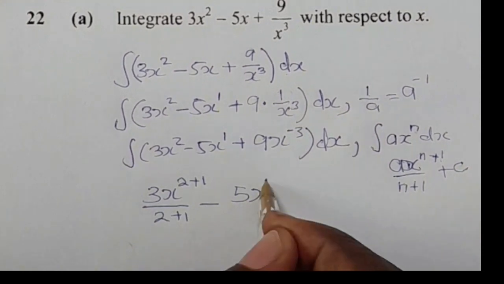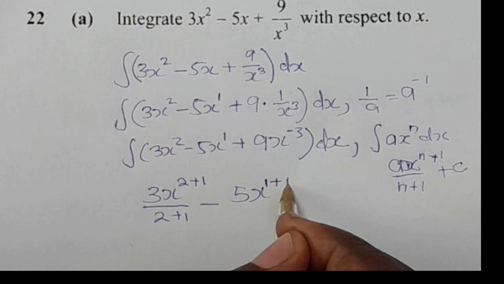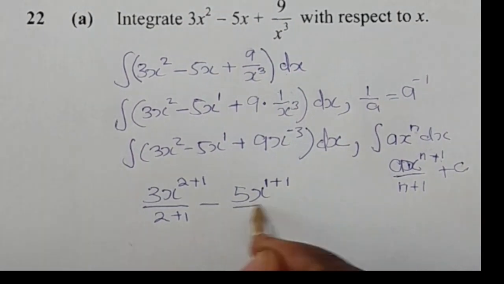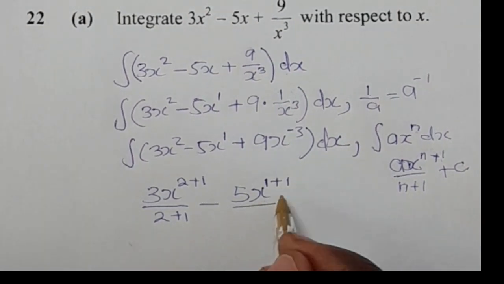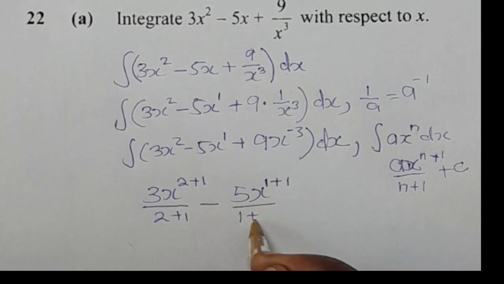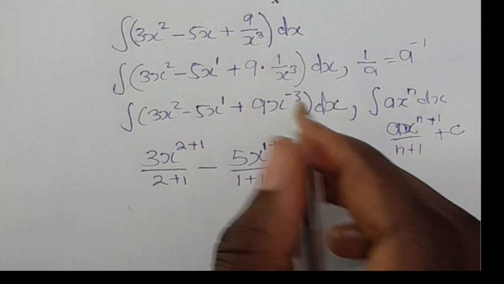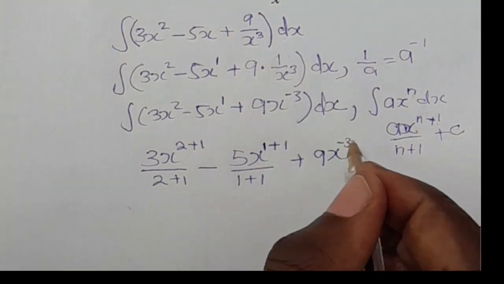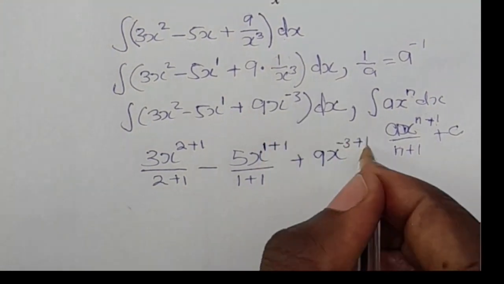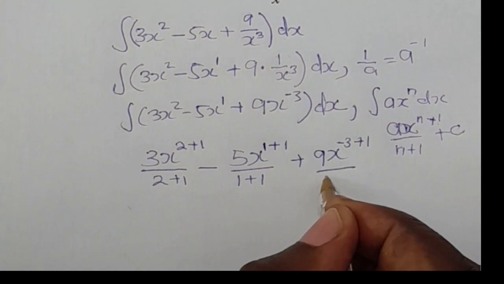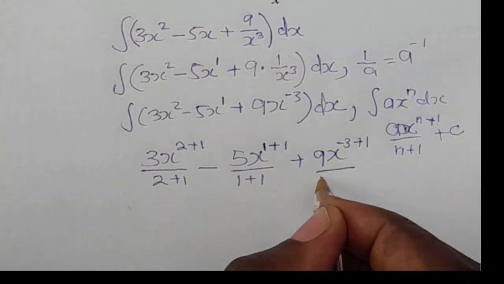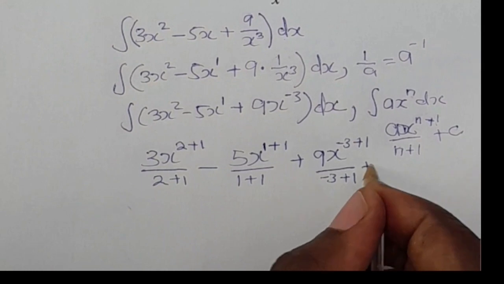So we'll have to add 1, and then everything divided by the new power, which is 1 plus 1. Then plus 9x to the power negative 3 plus 1. Then everything being divided by the new power, which is negative 3 plus 1, then plus the constant c.